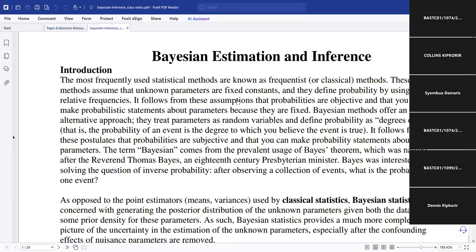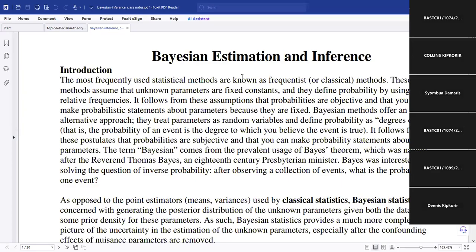Now, Bayesian estimation is a different way of looking at statistical methods. So whatever you normally cover in most of the cases, it's about the frequentist approach, or what you call the classical methods. And normally we have fixed constants for some defined probabilities.